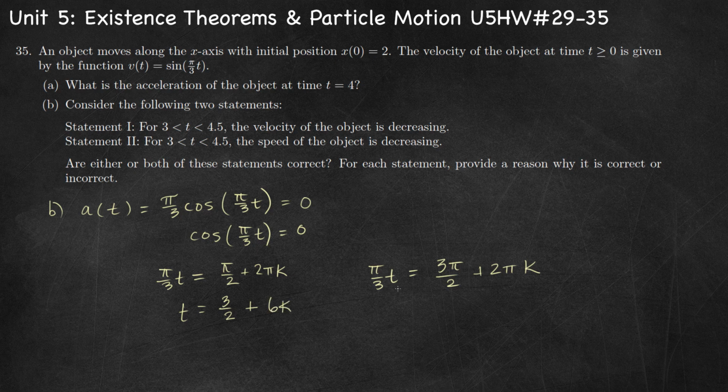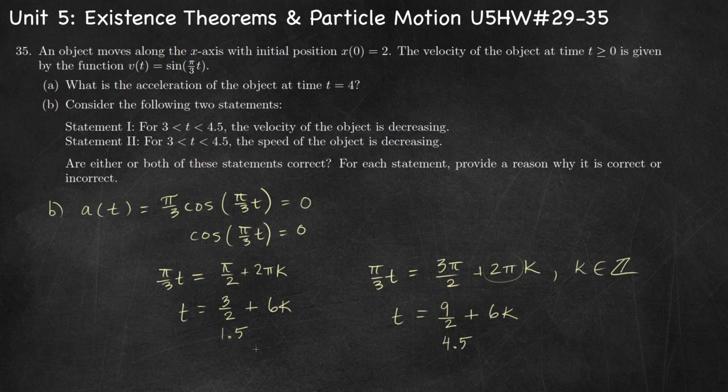And then over here we multiply through by 3 over pi, so that gives me 9 over 2 plus, and then I multiply my 2 pi by 3 over pi, which again gives me the 6k, for some k in the set of integers. So 3 over 2 is 1.5. 9 over 2 is 4.5.